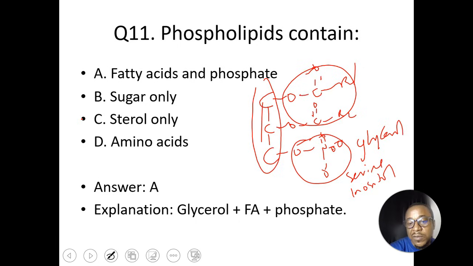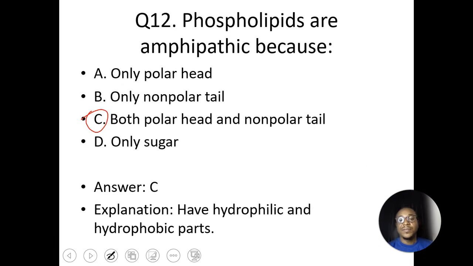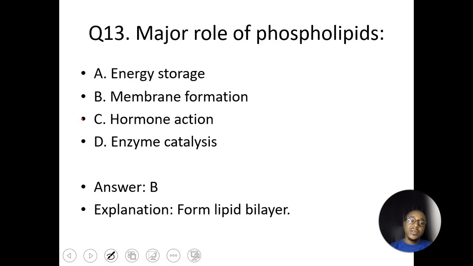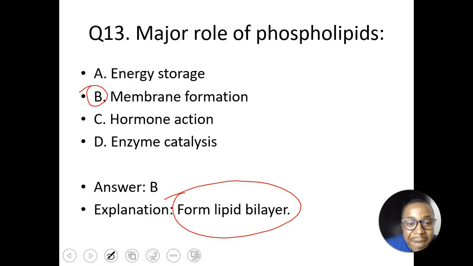The phosphate group gives it the polar head. Okay, so the major role of phospholipids is membrane formation, which is the formation of the phospholipid bilayer. They form the phospholipid bilayer that enables us to have a biological membrane.